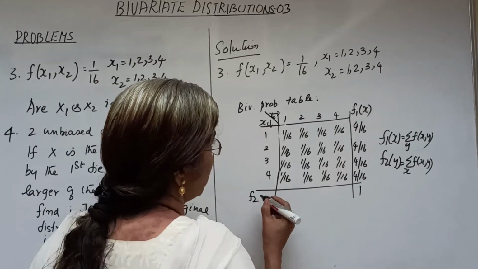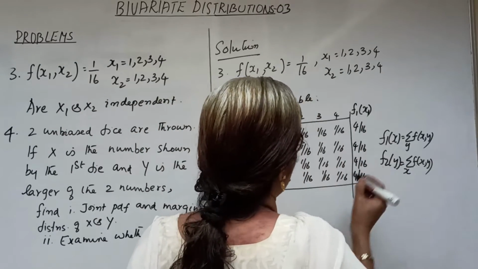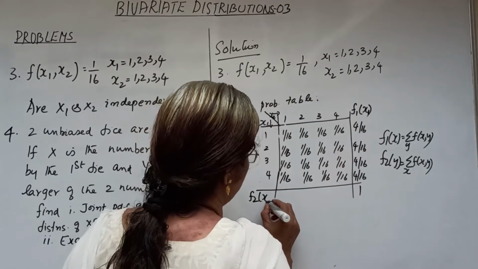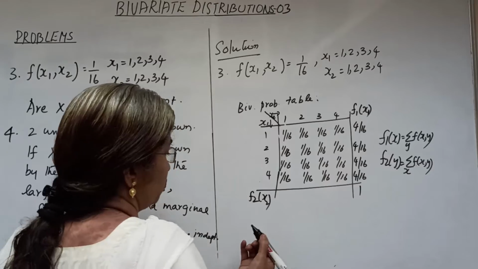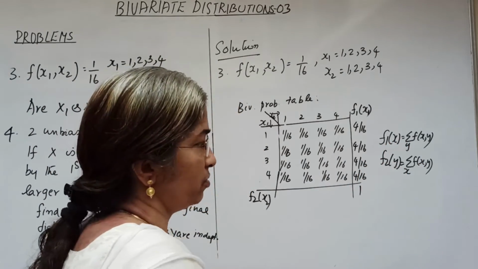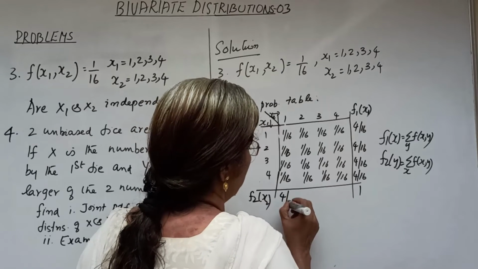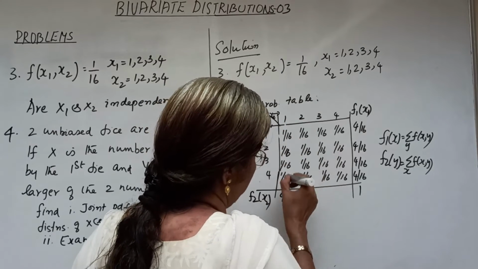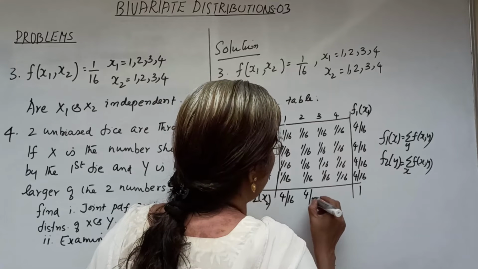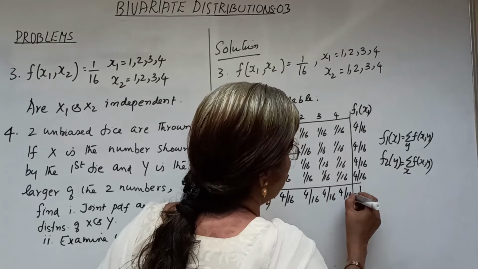Similarly, as x2 takes the column values, we have f1 of x1 and f2 of x2. I have written f1(x), f2(y), doesn't matter. So here it is equal to the column totals, again 4 by 16 each, and the grand total equal to 1.